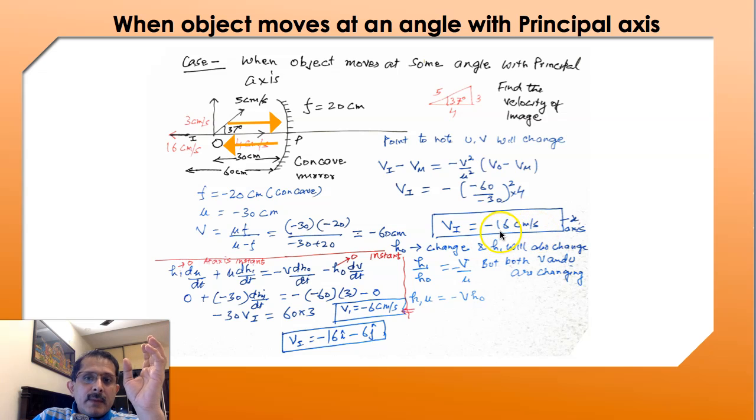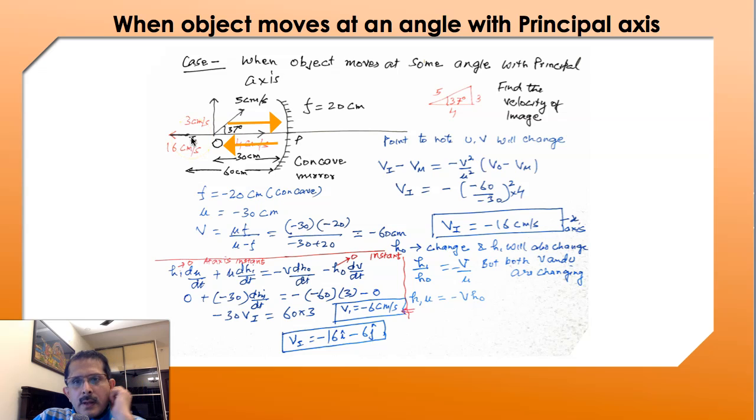Now if it is minus 16, it basically means the direction would be from pole to the image, somewhere here. So 16 would come somewhere here. So basically the direction would be somewhere here.